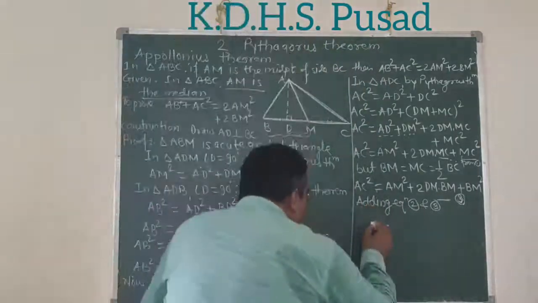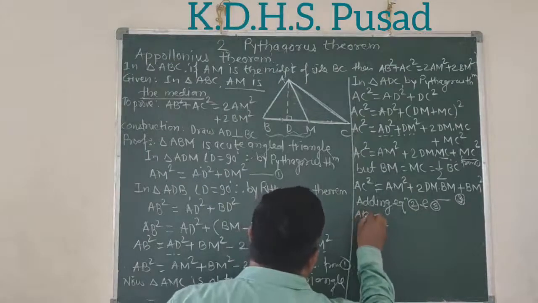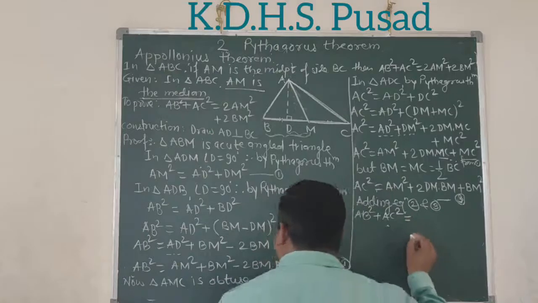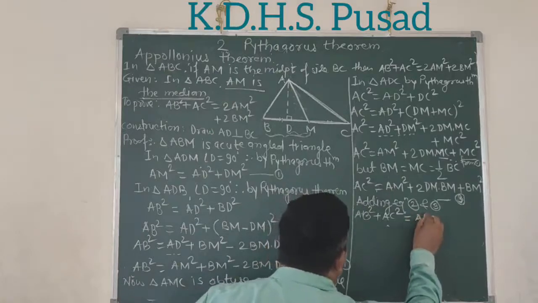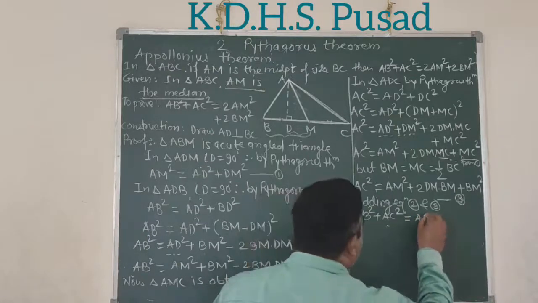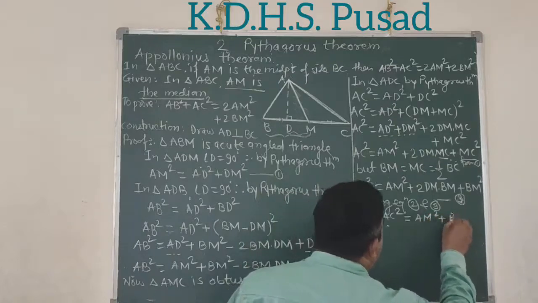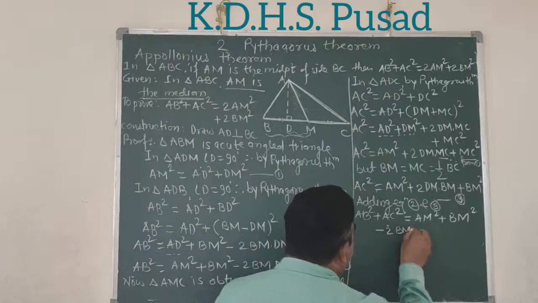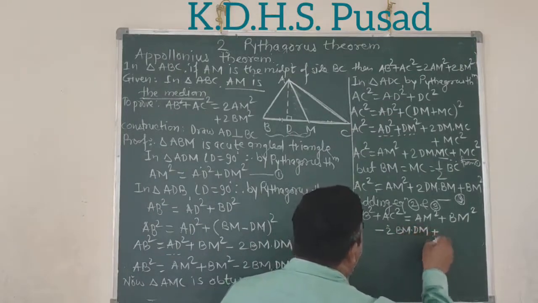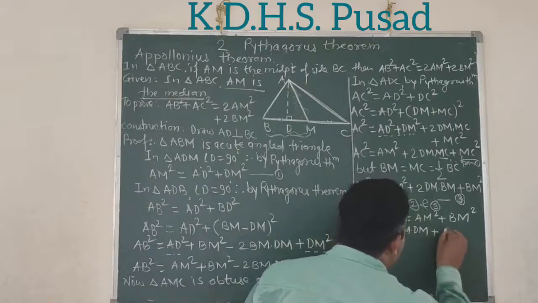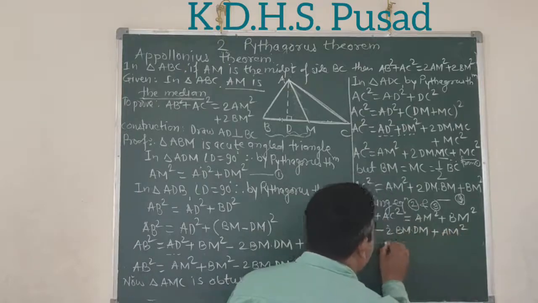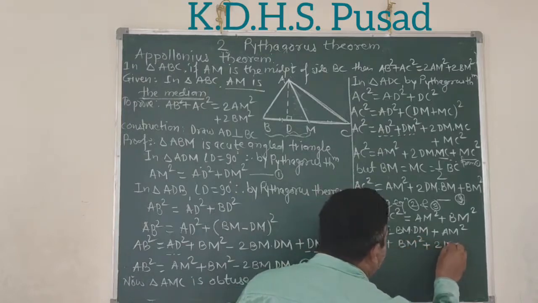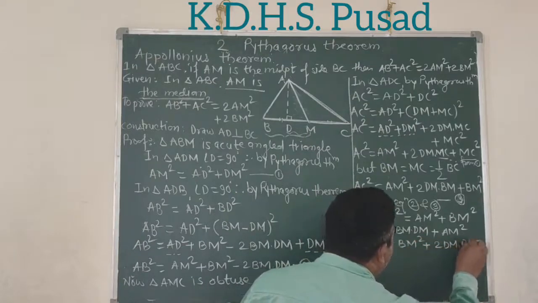Adding the left hand side first: AB square plus AC square. Now adding the right hand side: AM square plus BM square minus twice BM into DM, plus, from equation 3, AM square plus BM square plus twice BM into BM.